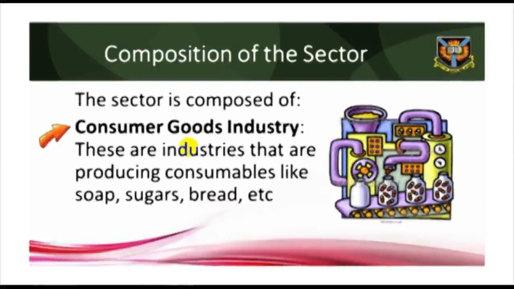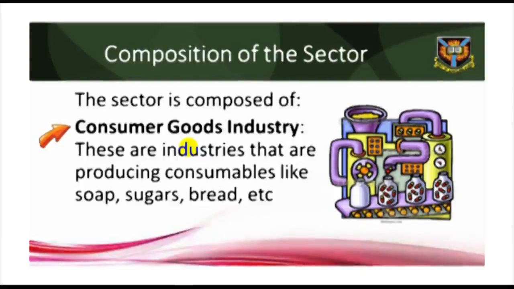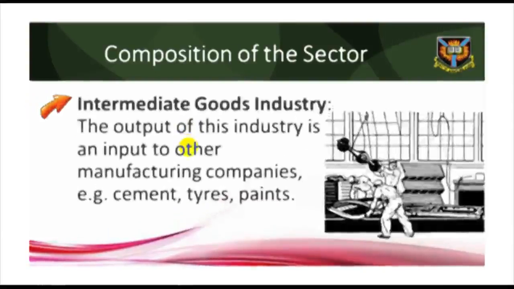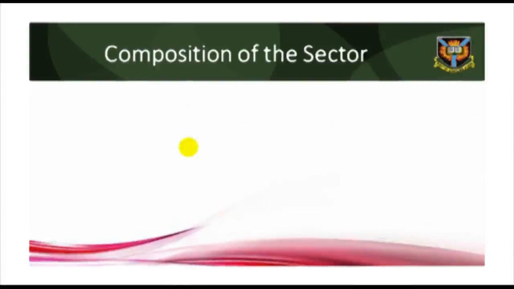2. Composition of the sector. The sector is composed of A. Consumer goods industry. These are industries that are producing consumables like soap, sugar, bread, and so on. B. Intermediate goods industry.